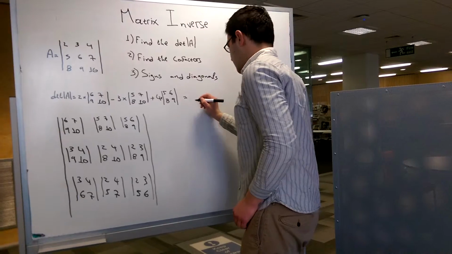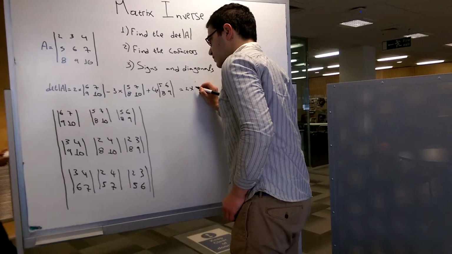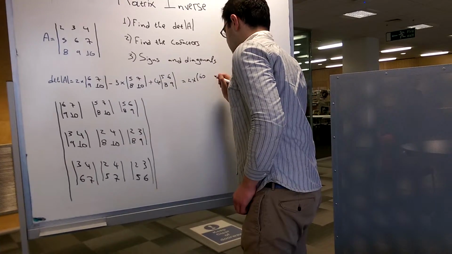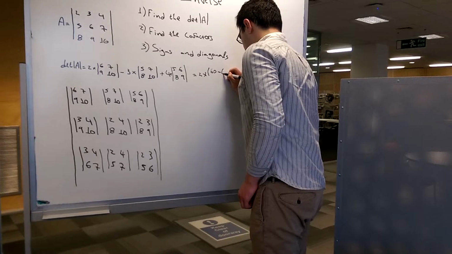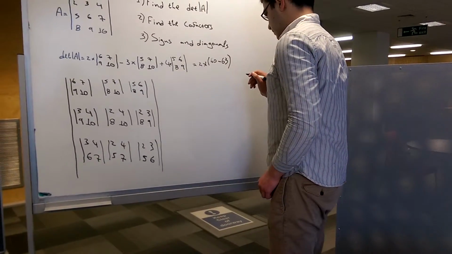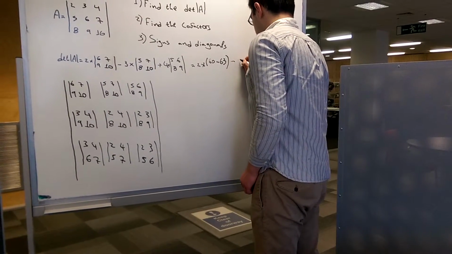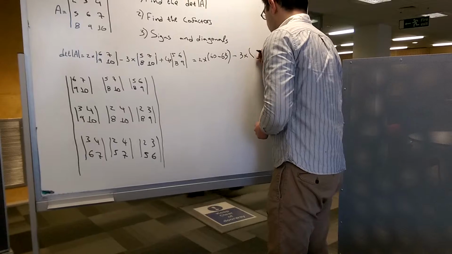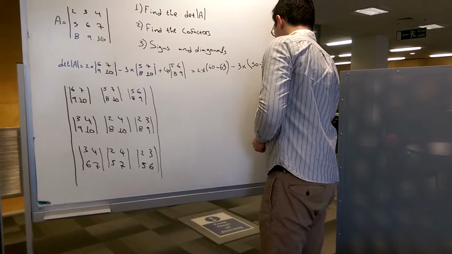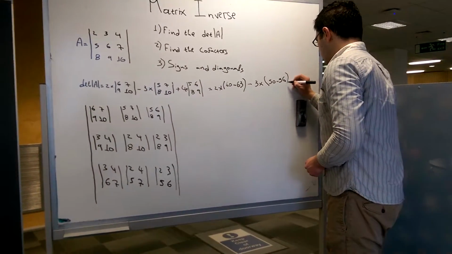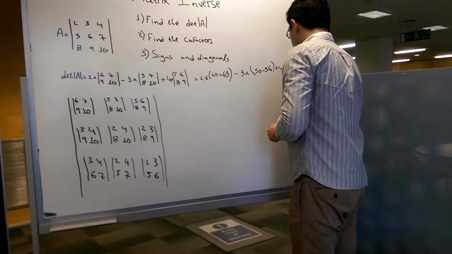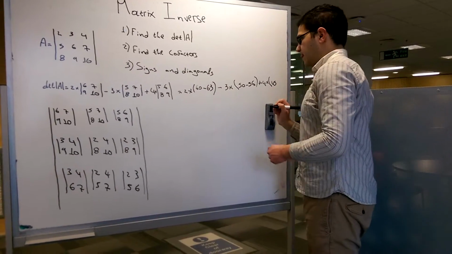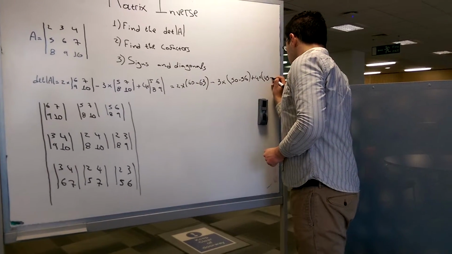It's going to be 2 times 60 minus 63, then 5 times 10, 50, minus 56, then plus 4 times 5 times 9, which is 45, minus 48.